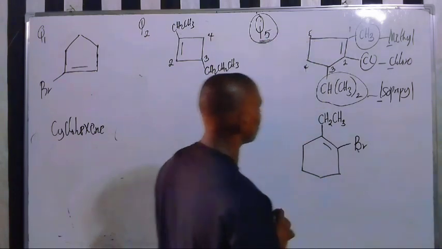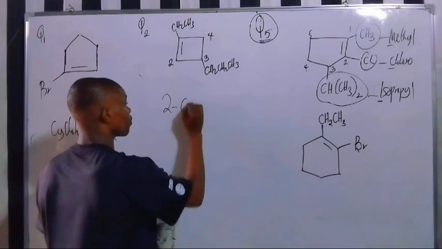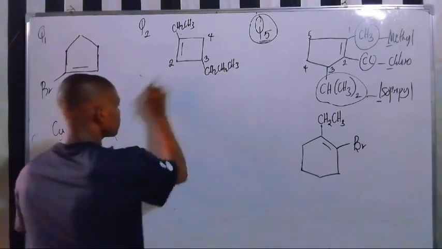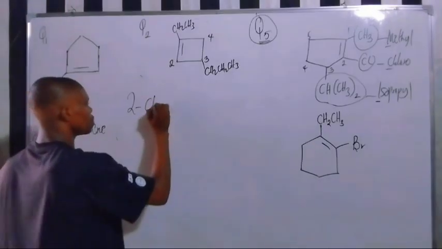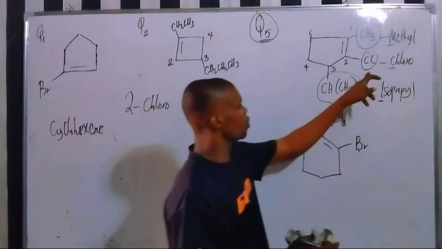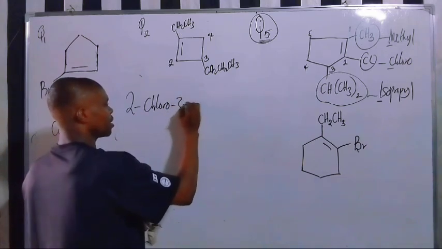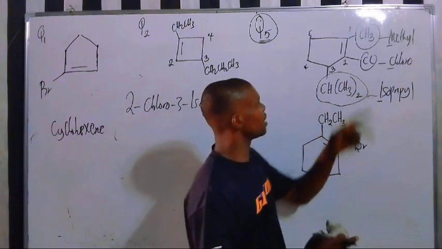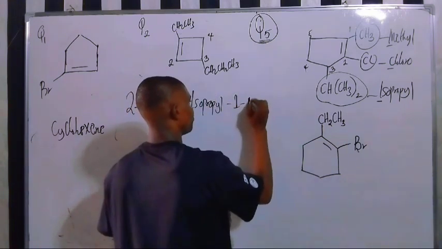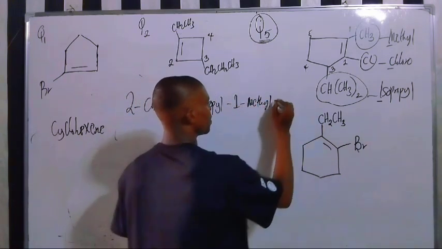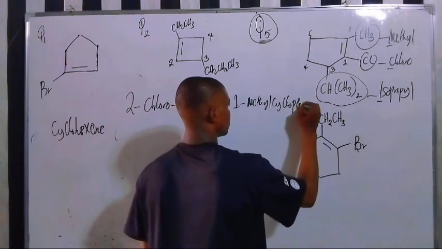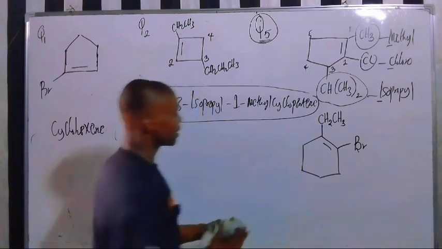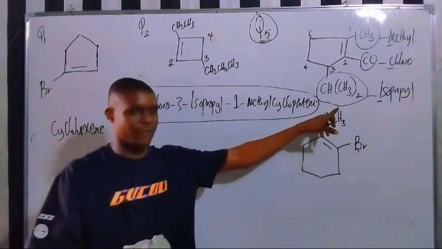So it's going to be 2 chloro, then 3 isopropyl, then 1 methyl, then cyclopentene. That is the name of this compound.